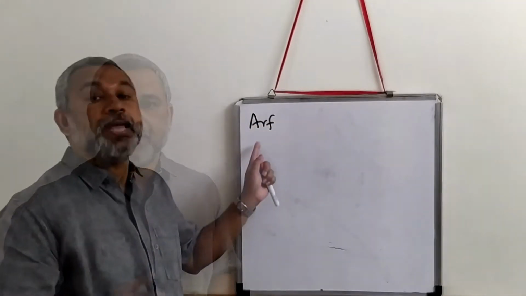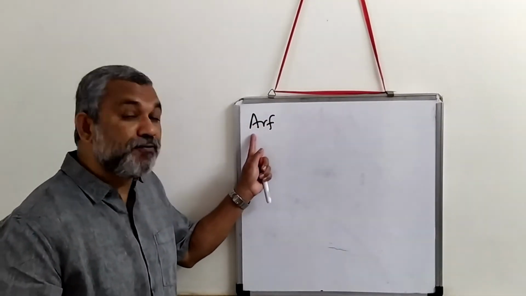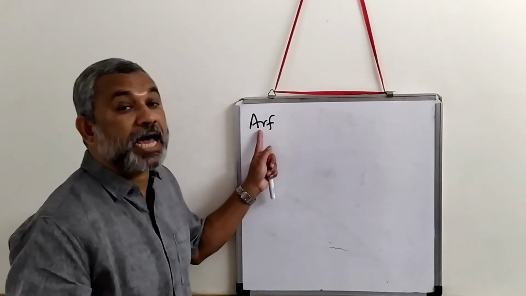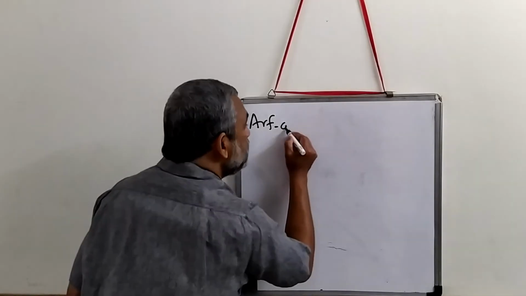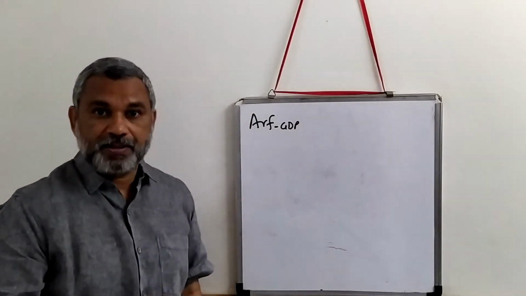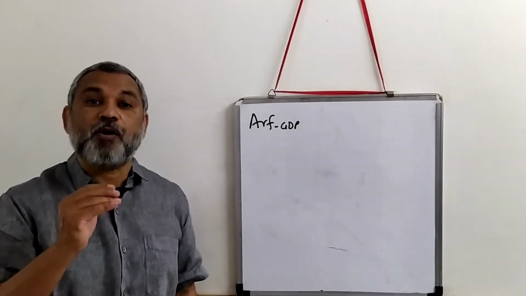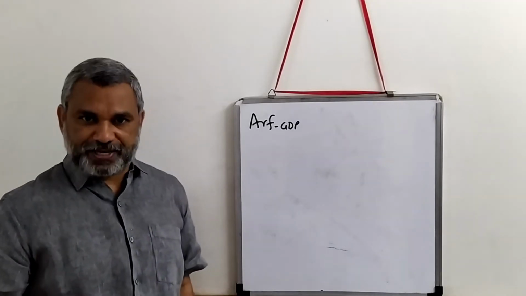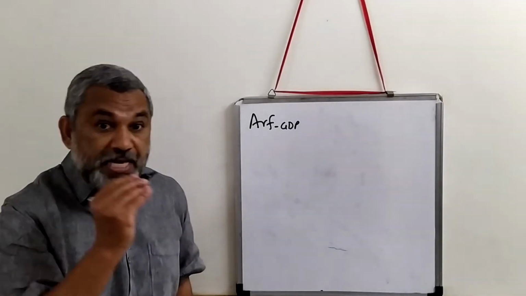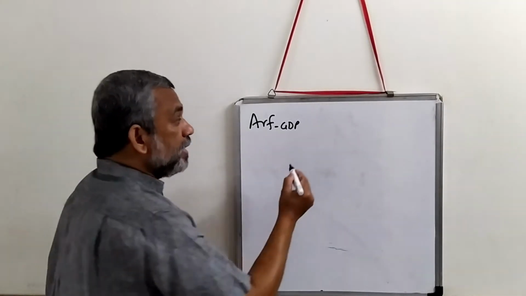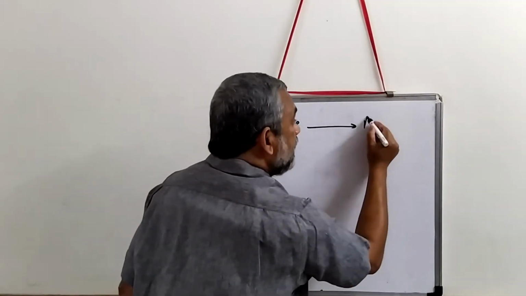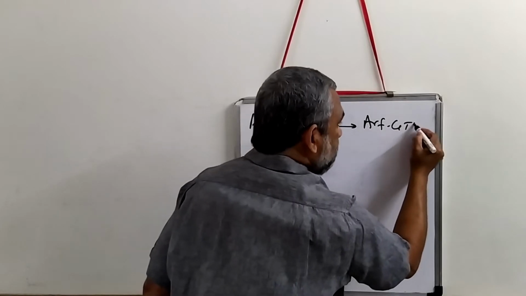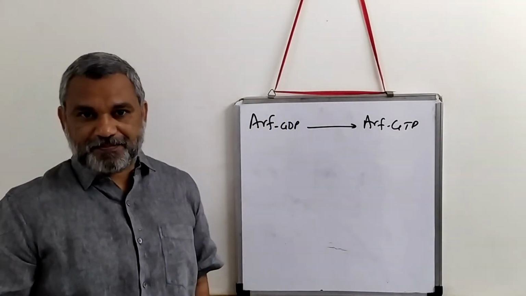This is ADP ribosylation factor. Now this is bound to a GDP molecule. The same way we have seen in COP1, the same protein is involved here. Now, the GDP has to be replaced with a GTP. That is the first step.